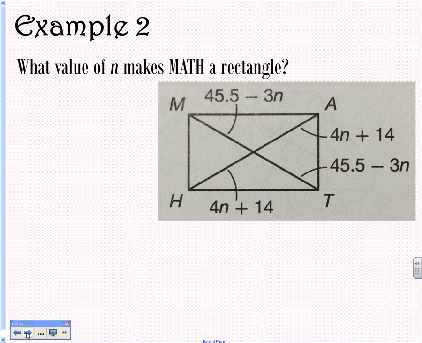Right? What value would n have to be? 4.5? Do I need to go over that one? Okay.